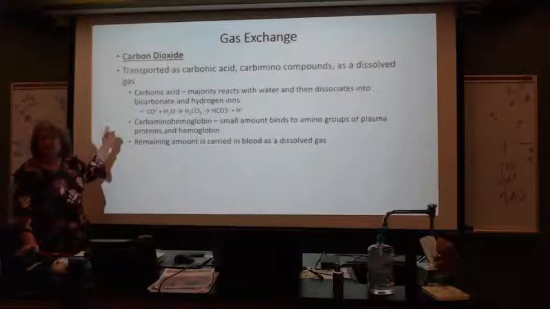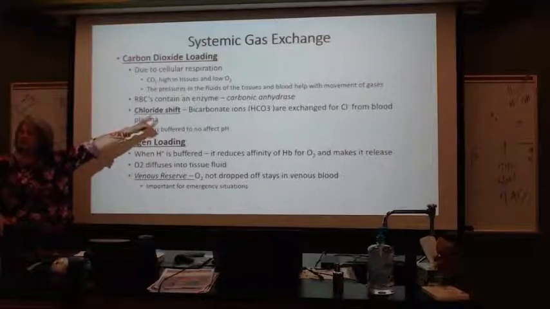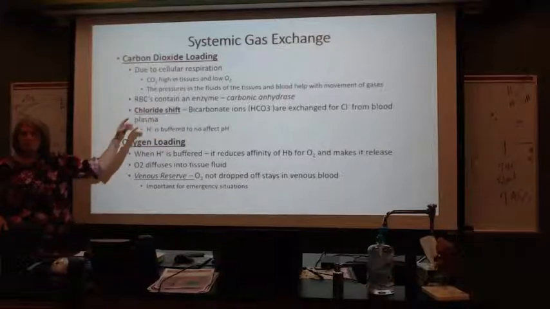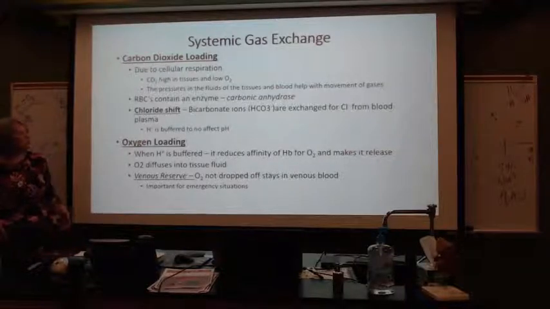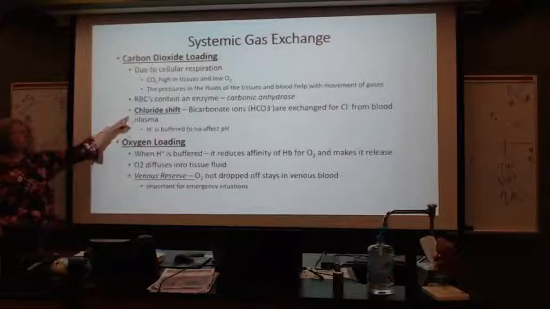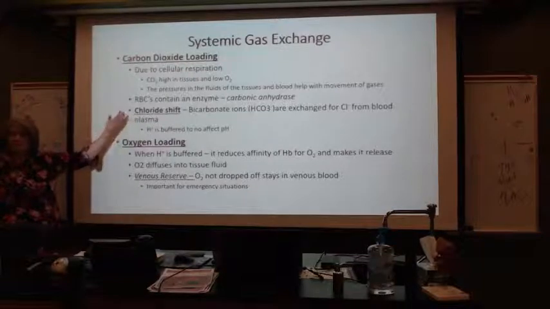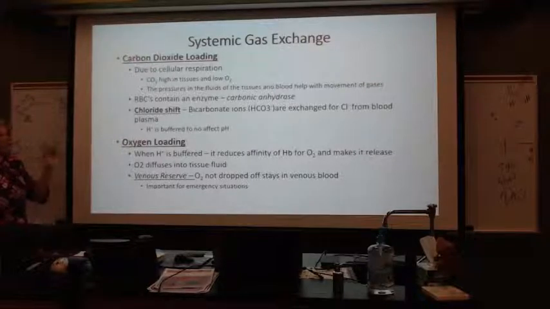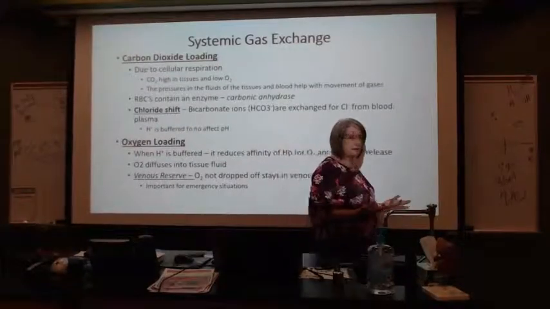So my red blood cell itself carries the ability to help break that carbonic acid, supply chlorine, and buffer my blood. So now, when that happens, it's a chloride shift because we're using the chloride ion and it's shifting its position. So now, how does it affect the oxygen?